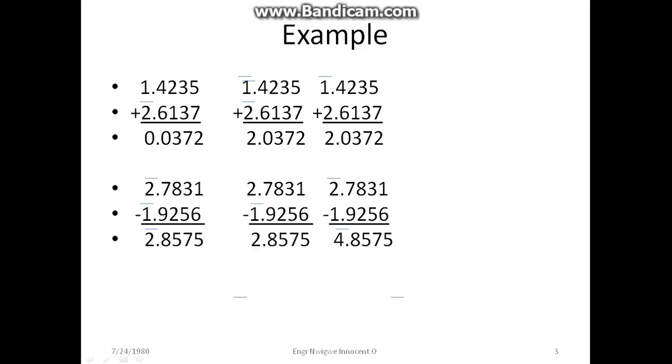We now borrow 1 from 8 and give it to 2 to become 12 minus 5 is 7. 8 is now remaining 7. 7 minus 2 is 5. 7 cannot subtract 9. Then we borrow 1 from bar 2, which will now become 17. 17 minus 9 will give us 8. So what we are having there is now minus 3. Bar 3 minus 1 will give us bar 4.